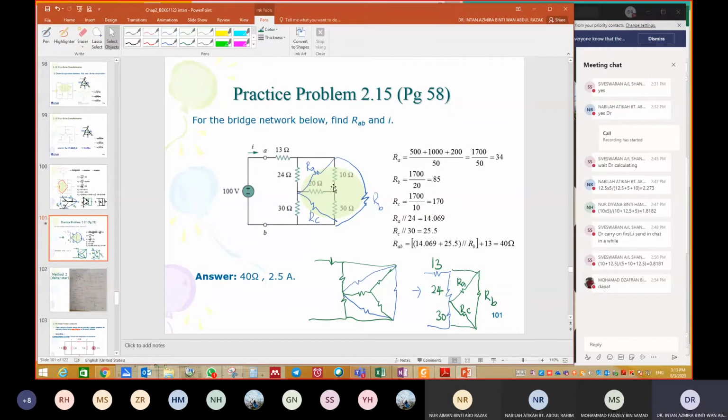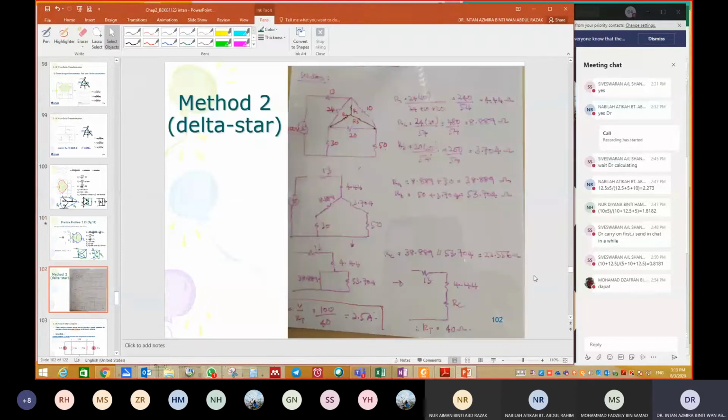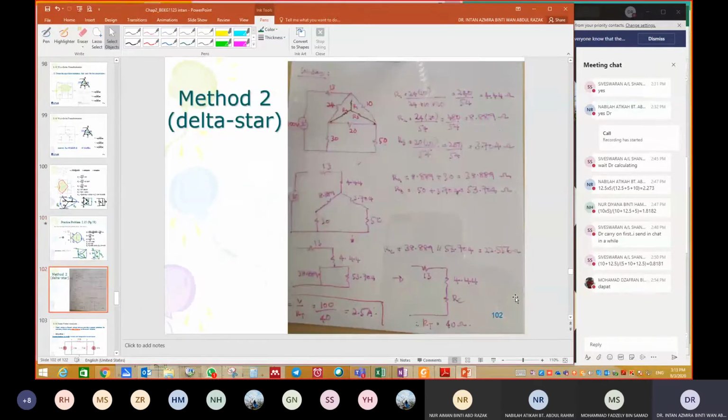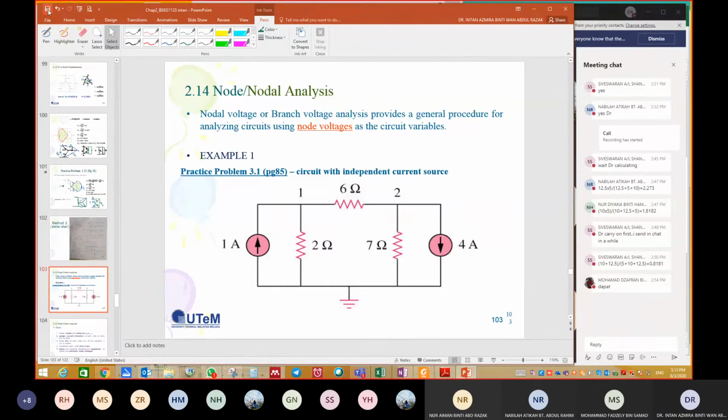This is star to delta, or you may want to convert this part, star to delta. Up to you. Any question? At the end we get the same R total, 40. Any question?